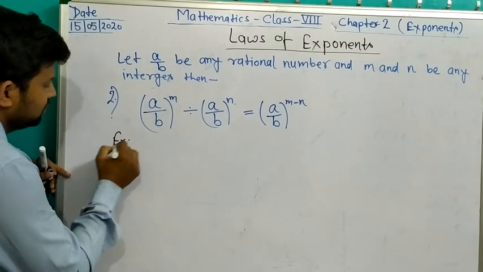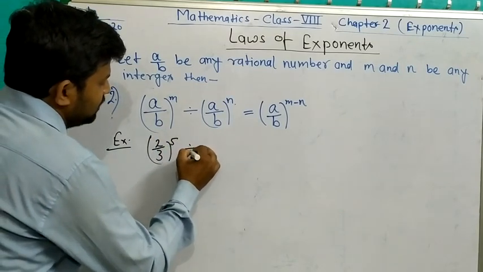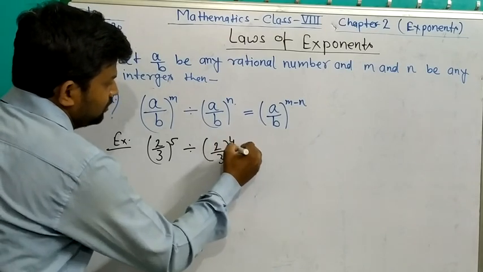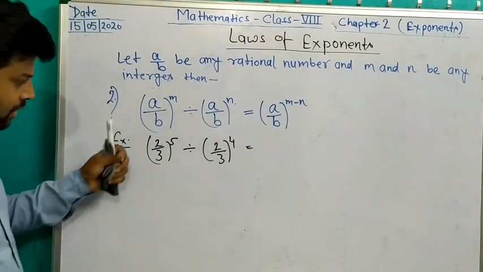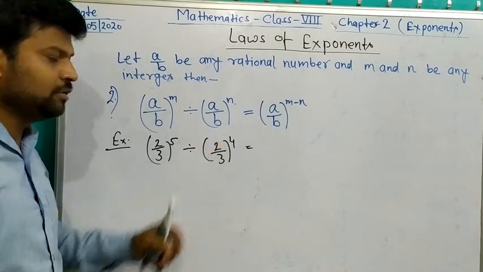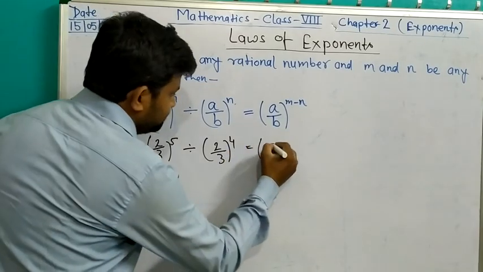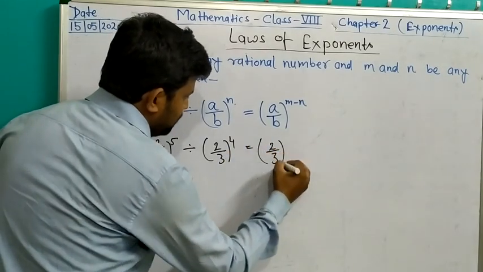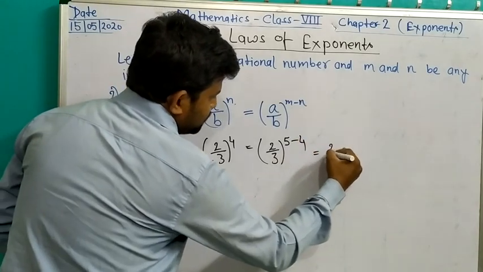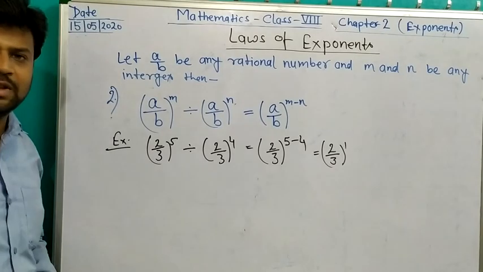For example, (2/3)^5 divided by (2/3)^4. Now when we apply this property, we write (2/3)^(5-4), which is equal to (2/3)^1.